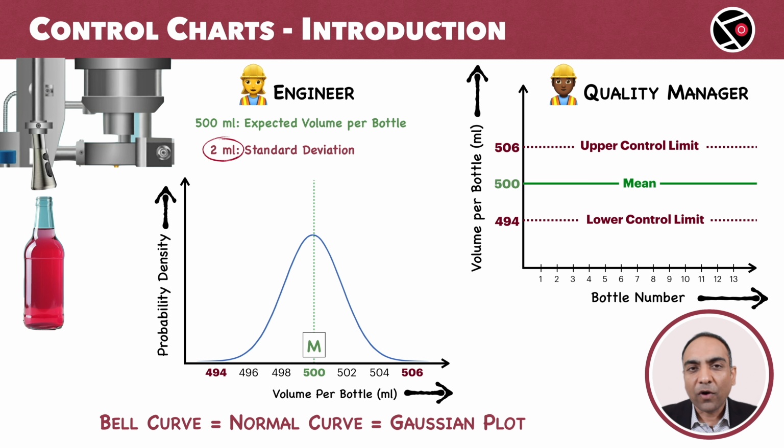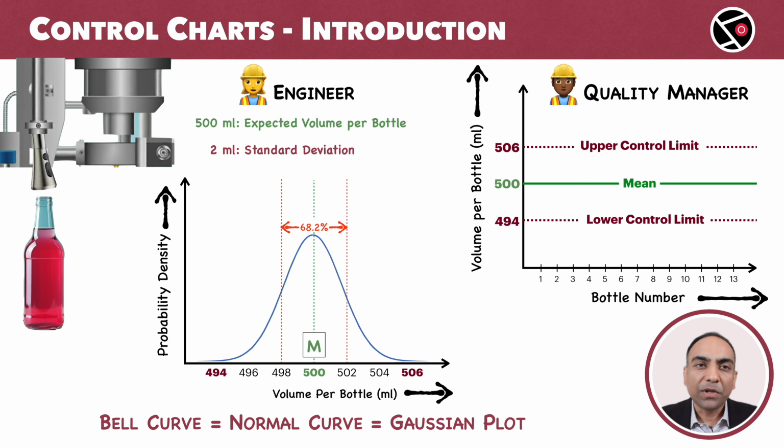That is from 498 to 502 ml. The likelihood of ending up within this range is roughly 68.2%. In simple terms, if we fill 100 bottles, around 68 of them are likely to have a volume that falls within this range of 498 to 502 ml.